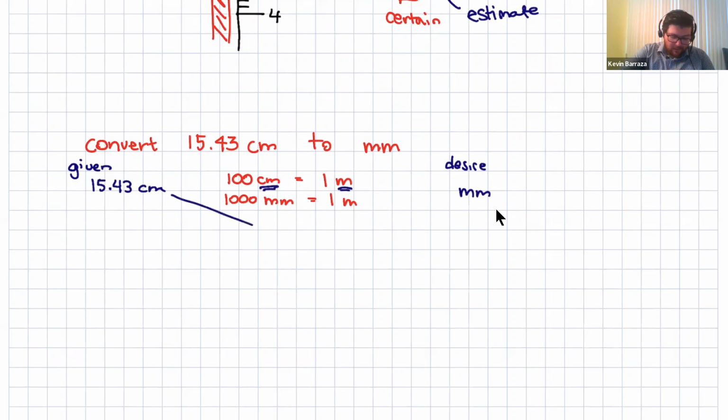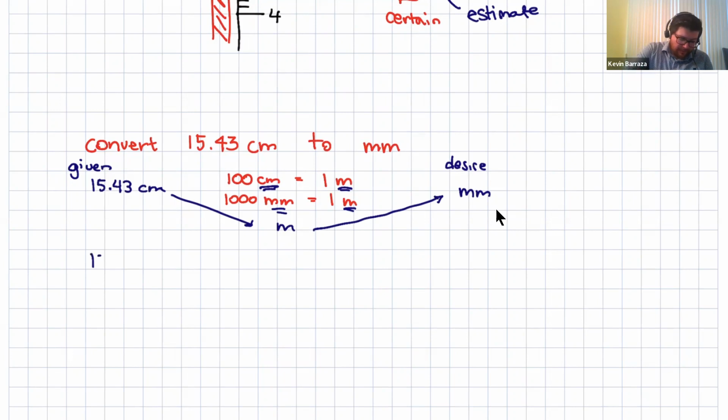So that's going to be what I do, centi to meter. The other row tells me the relationship, how they connect meter to millimeter. So that's the flow of how my units are going to change. I'm first going to change centi to meter, and then I'm going to change meter to millimeter.